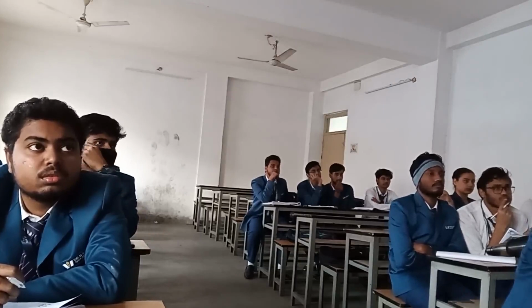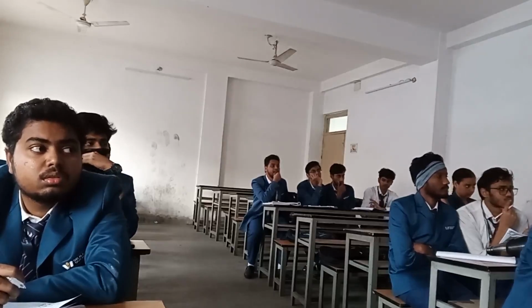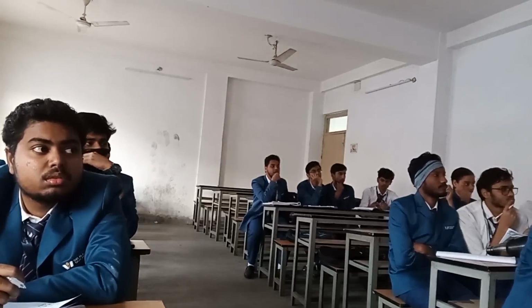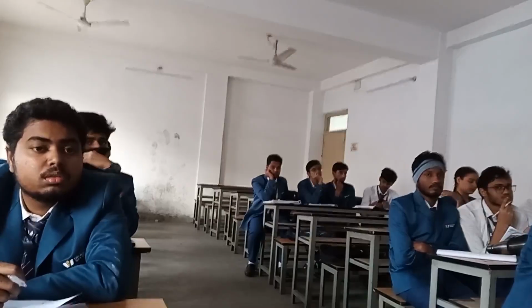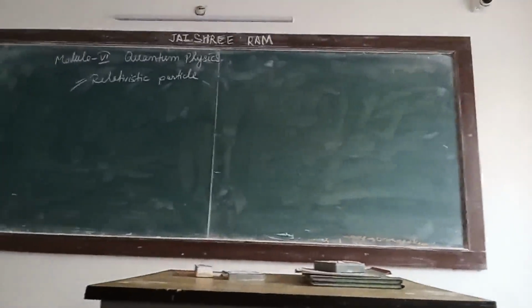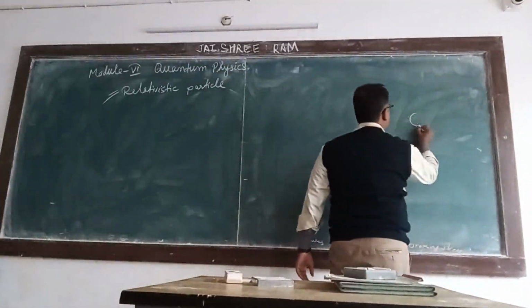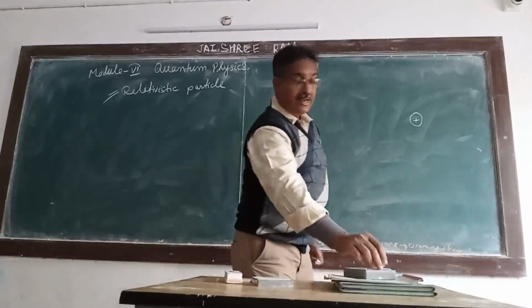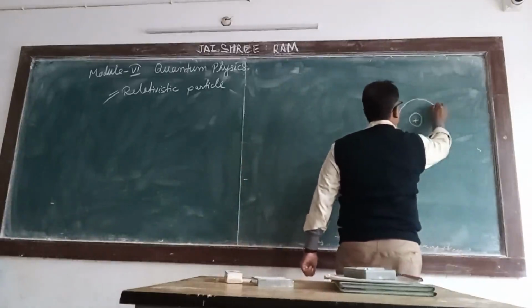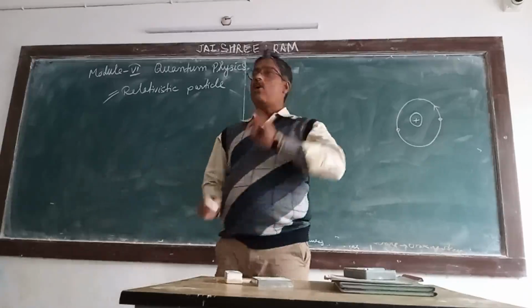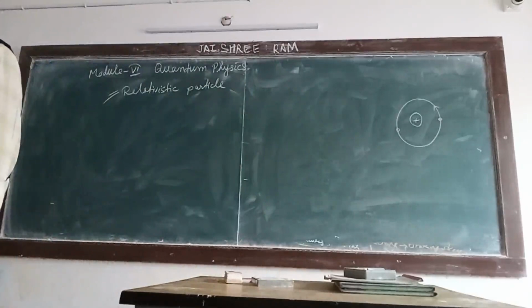So Bohr first told, with the help of quantum mechanics, that when the electrons are revolving round the nucleus in a certain orbit, they will not emit any energy.